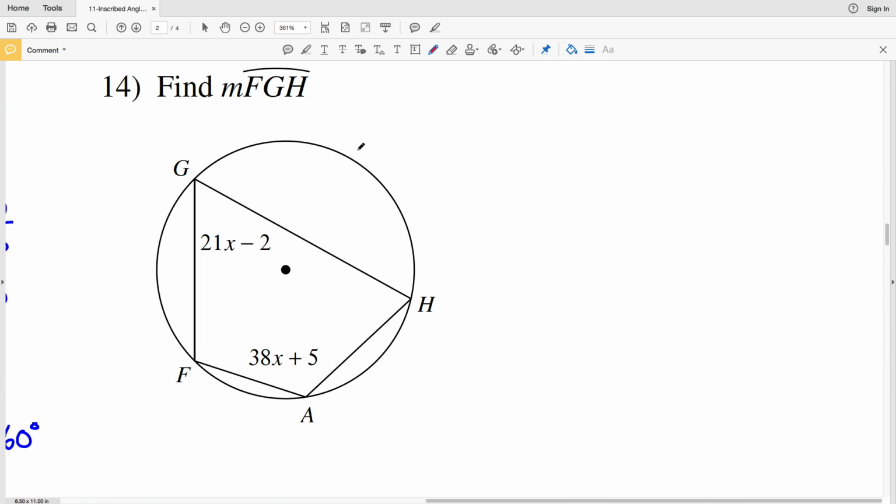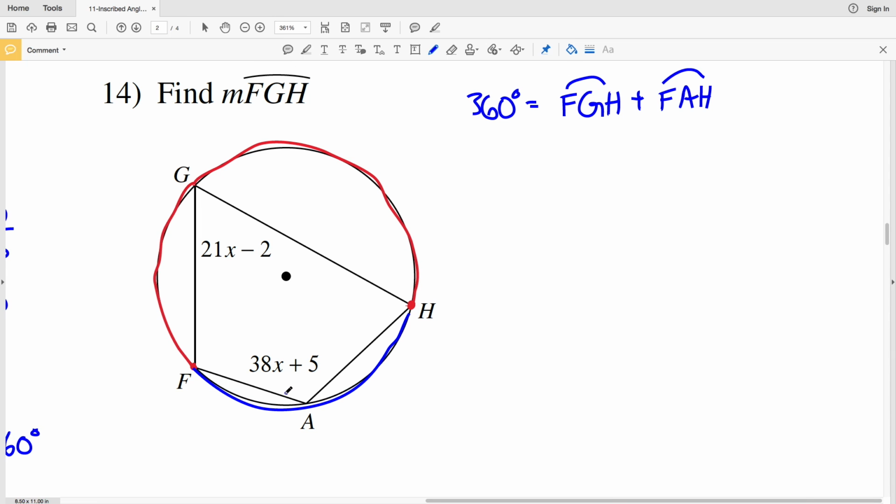In number 14, I'm finding the measure of arc FGH. So F, go through point G all the way to H. I'm looking for the measure of that arc. Well, I know that 360 degrees will equal the measure of arc FGH plus the measure of arc FAH.